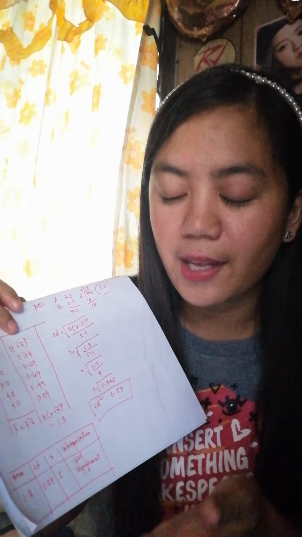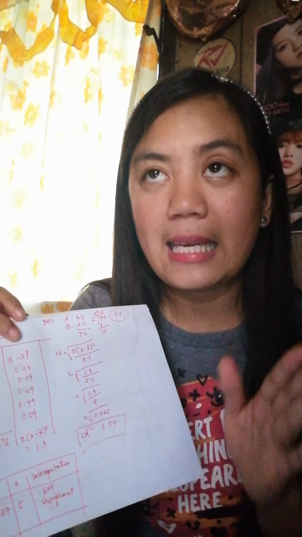However, let's say, for example, the standard deviation is higher, let's say 3.80 or 3.9. If the standard deviation is higher than the mean, it means significant. The interpretation would be that the answers of the respondents are far from each other, meaning to say it's scattered.